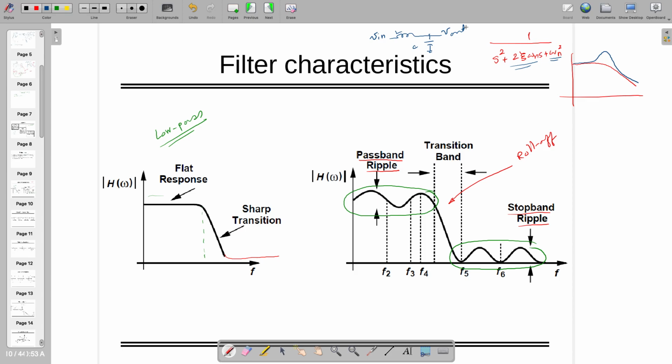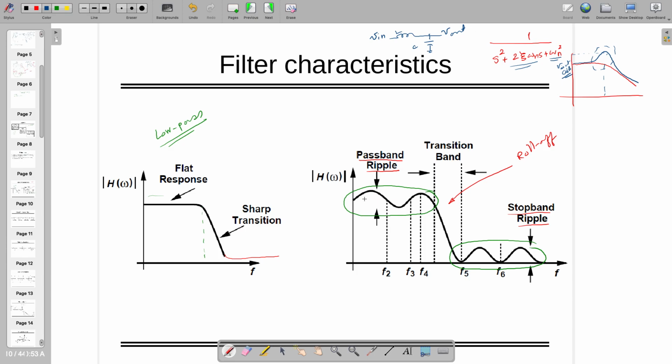If you have complex conjugate pairs of poles, so V out by V in may be more than 0 dB, which means V out is higher than V in. This may happen at a particular frequency. This is happening because of the LC tank and how you are keeping its poles and zeros. So you can observe that.